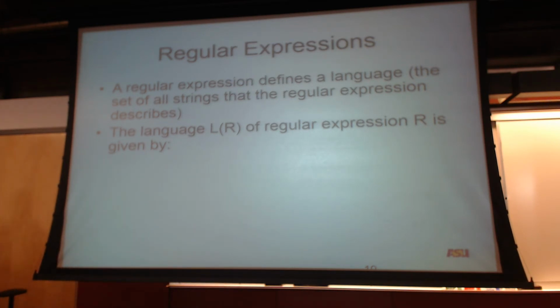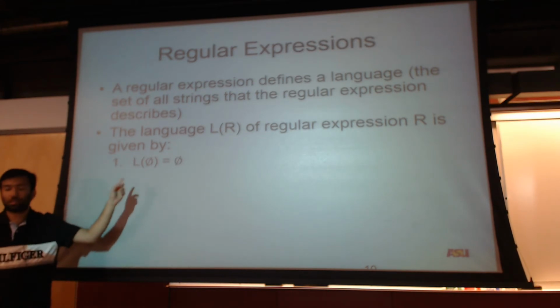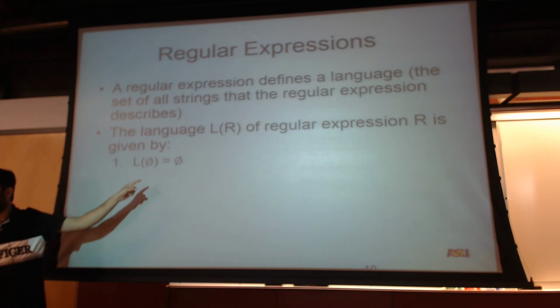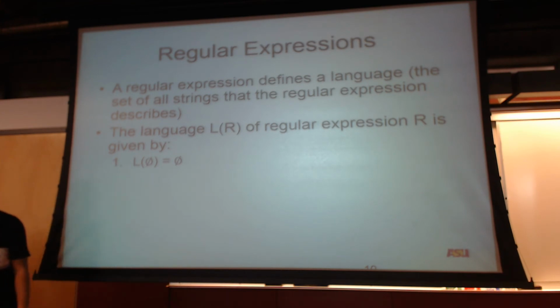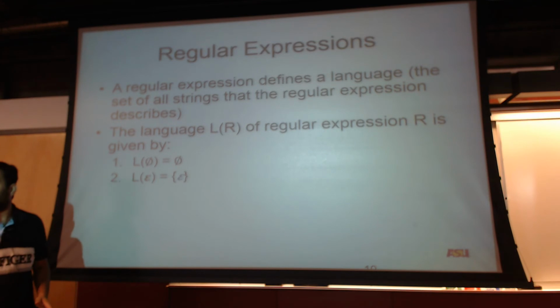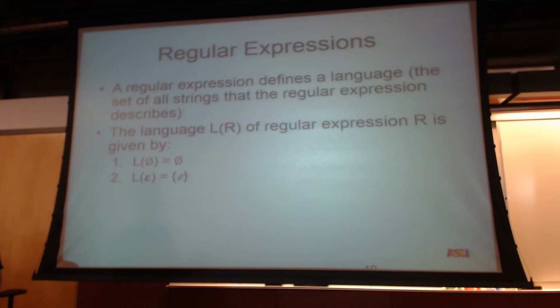So what is the language? First of all, L of phi. Phi is a regular expression. If we want to find out the language of phi, then the output is phi. So the language of phi is phi. All these are abstract concepts and might not make sense now. It will make sense when we do examples. The language of epsilon, the epsilon regular expression, is a set that has only the empty string.